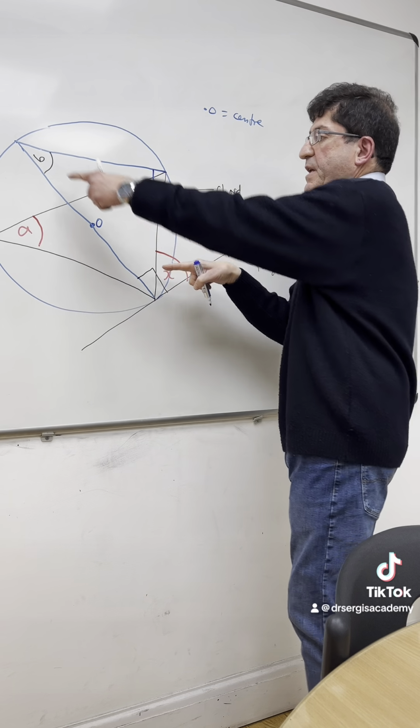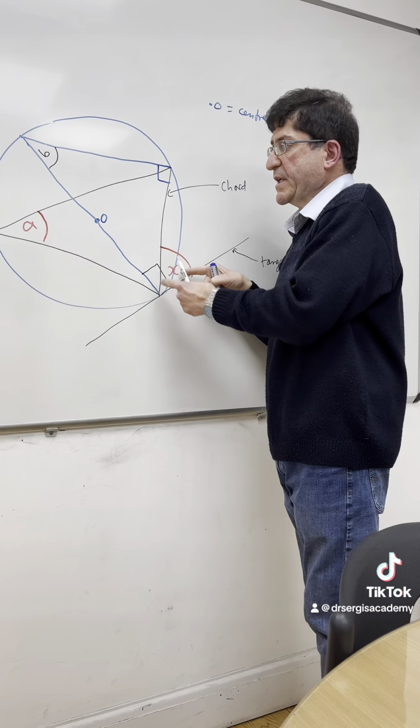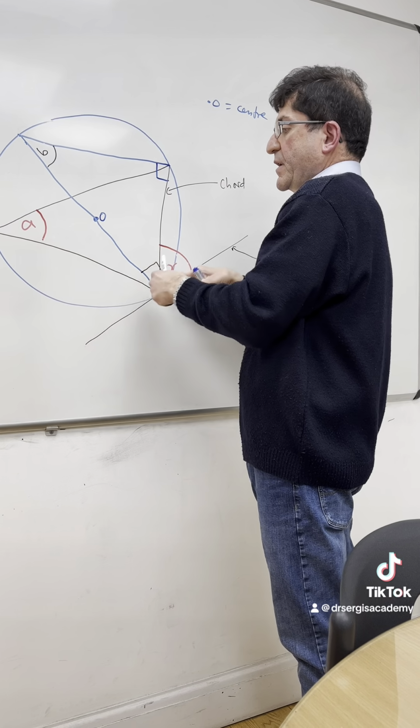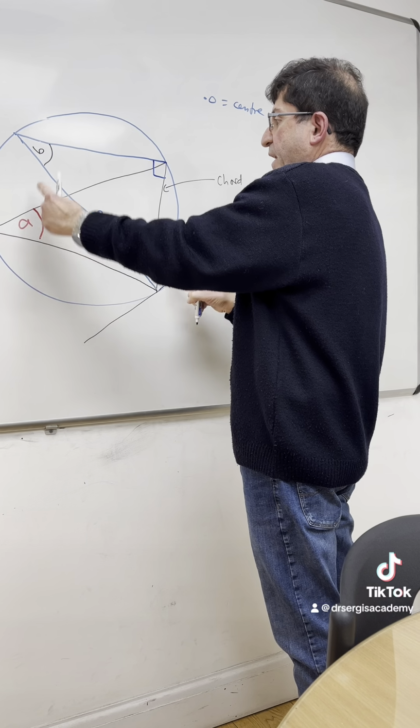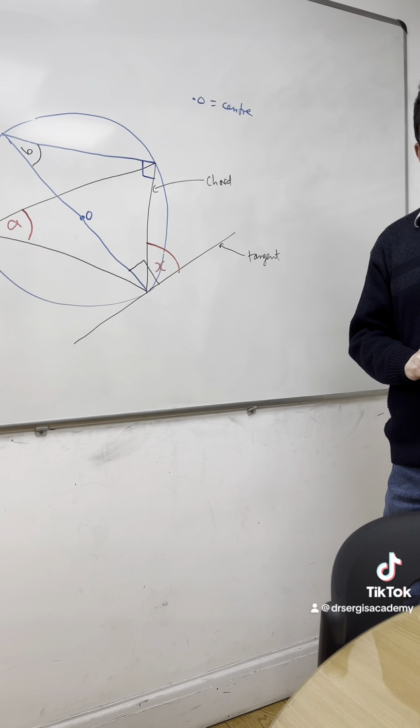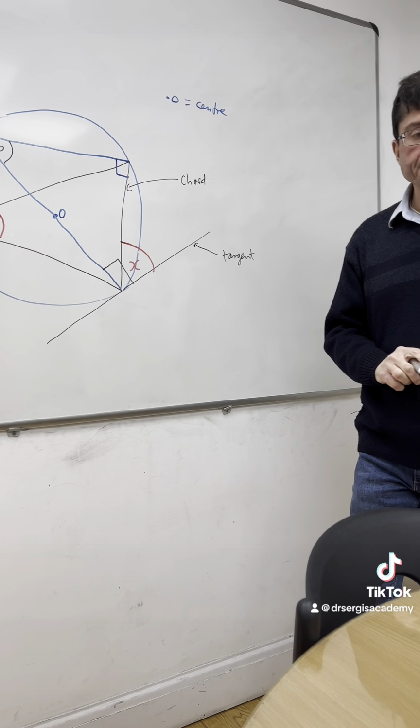So we've got the diameter here, which is the chord that passes through the center of a circle, and it makes an angle of 90 degrees at the circumference. We know that from one of my earlier proofs.